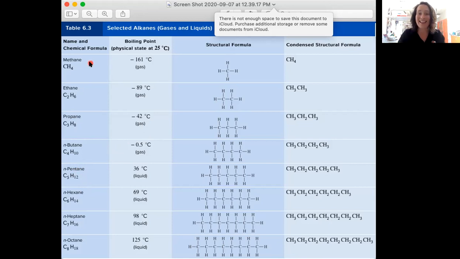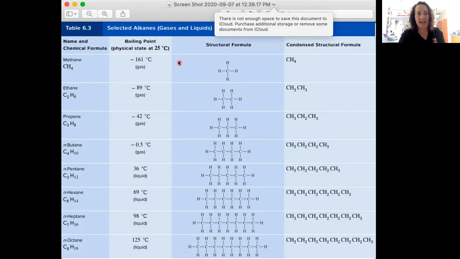Remember, the ane at the end just symbolizes single carbon-carbon bonds in the molecules. If you're looking at hydrocarbons, you'll notice that the smaller the number of carbons, the lower the boiling point. A boiling point is the temperature at which a molecule turns from liquid to gas.